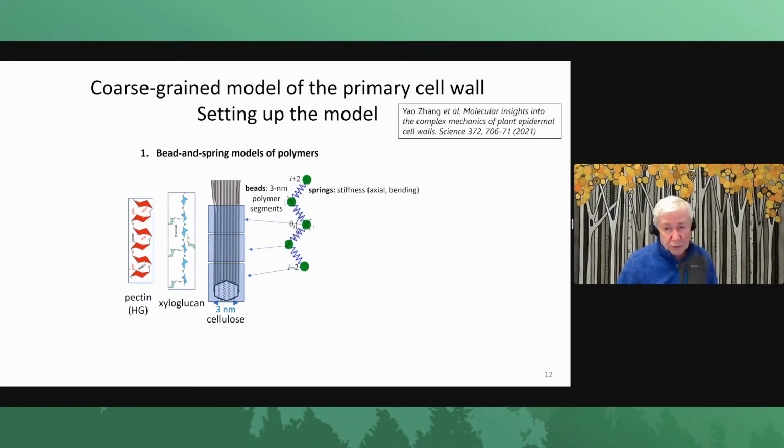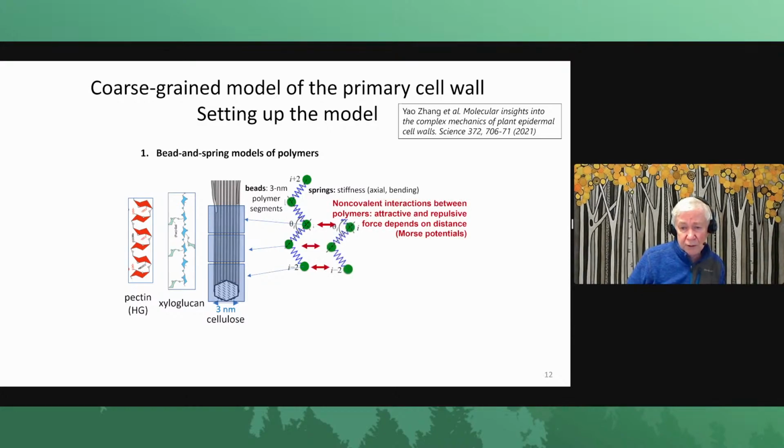So there are 2 sorts of equations that characterize the bending and stretching properties of these polymers, and each of the polymers has its own set of stiffnesses of various sorts. The other important property is that we also model non-covalent interactions between polymers.